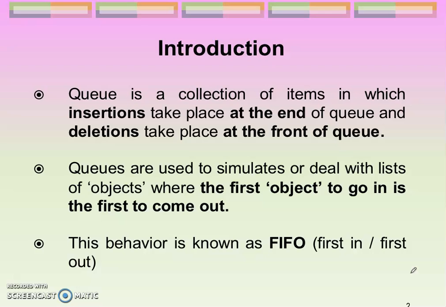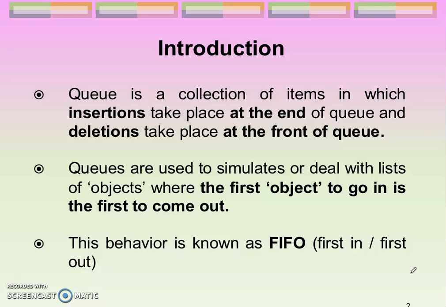Kalau data tu masuk dulu ke dalam computer or storage, kita akan remove dulu. That's why we call it queue data structure, because once you queue, you beratur panjang-panjang, siapa yang akan leave the queue itself? Mesti orang yang mula-mula beratur yang kat depan tadi kan.